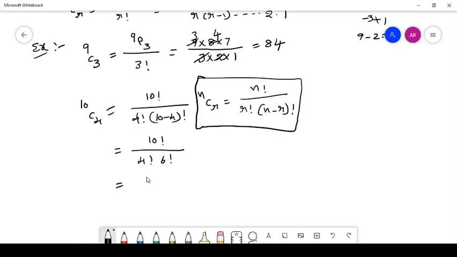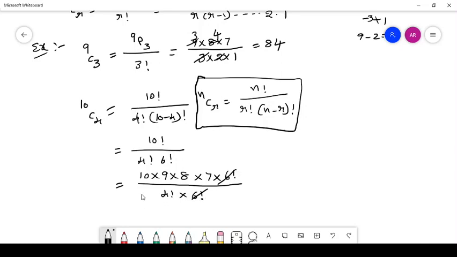So 10 factorial can be written as 10 into 9 into 8 into 7 into 6 factorial, by 4 factorial into 6 factorial. And here in the denominator we have 6 factorial, so 6 factorial will be cancelled.